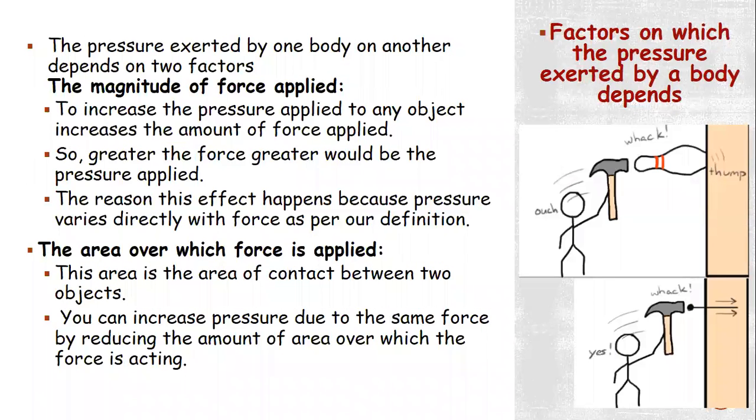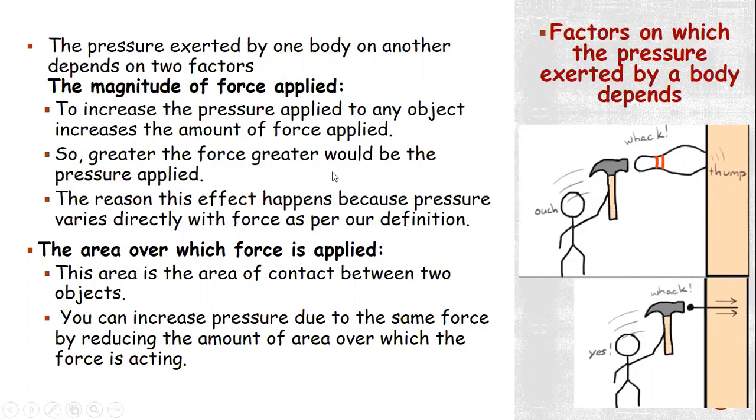So we are going to discuss the factors on which the pressure exerted by a body depends. It depends on the magnitude of the applied force and the area over which the force is applied. To increase the pressure applied to any object, we have to increase the amount of force applied.